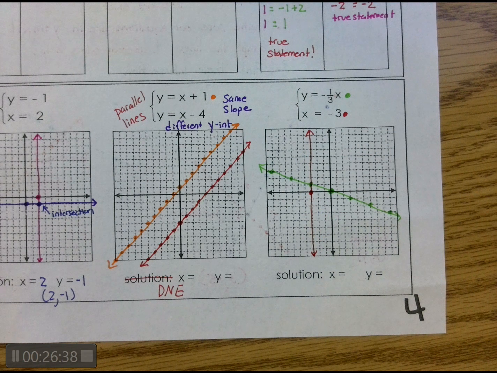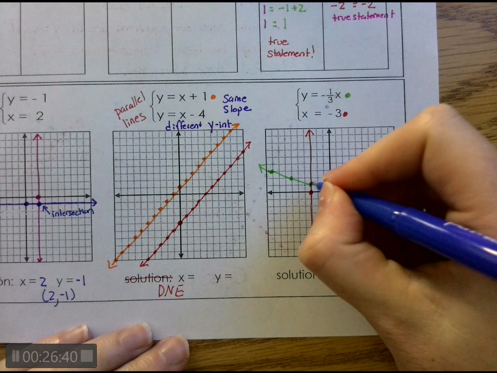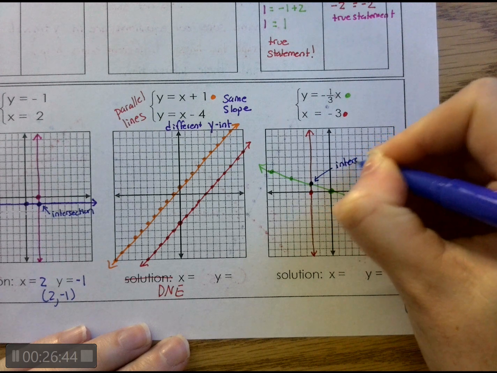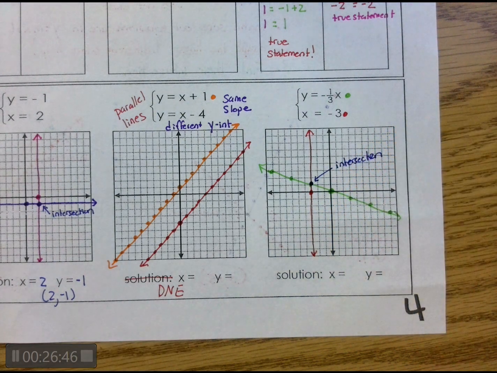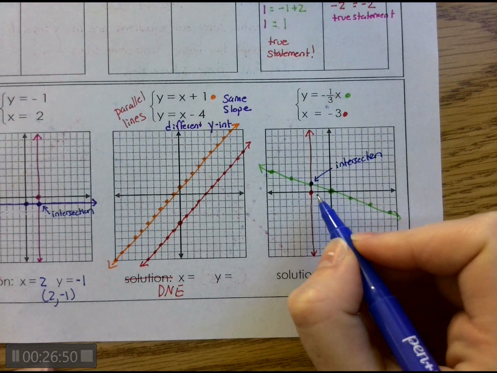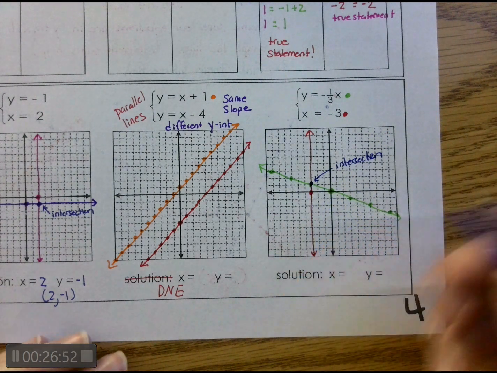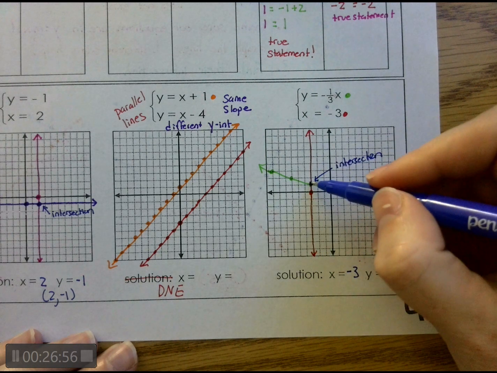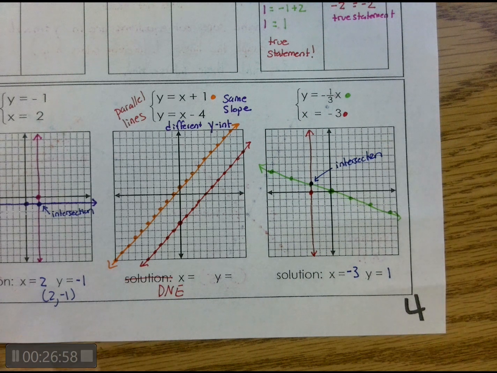And there's our point of intersection, right here. So surprisingly, she said very sarcastically, our x is going to be negative 3, and then our y is going to be 1. Very good, guys.